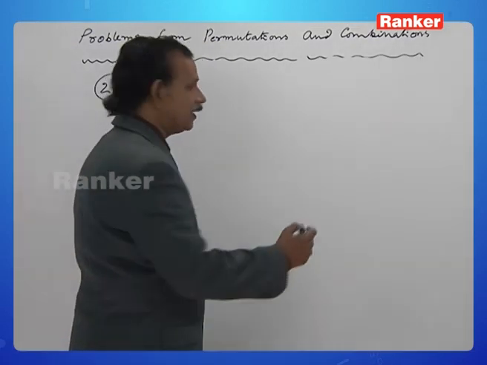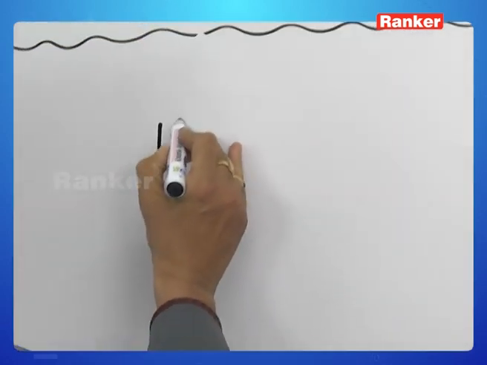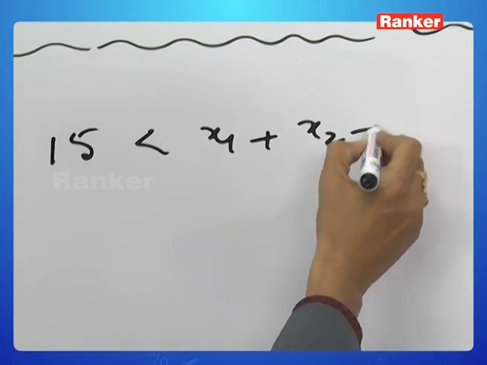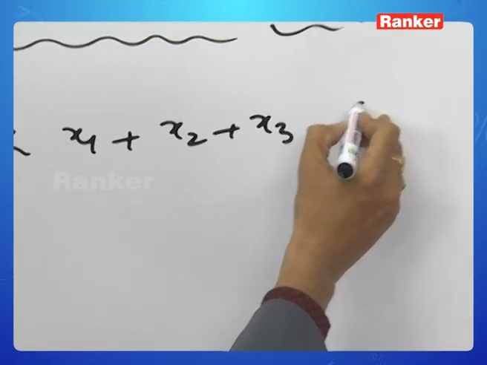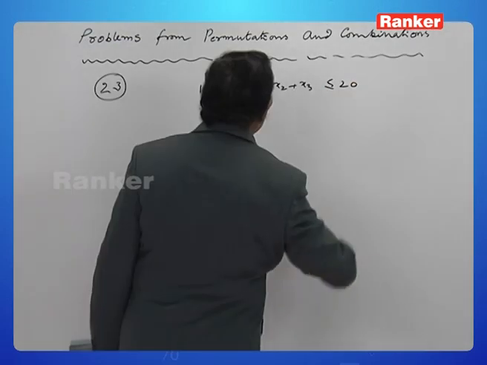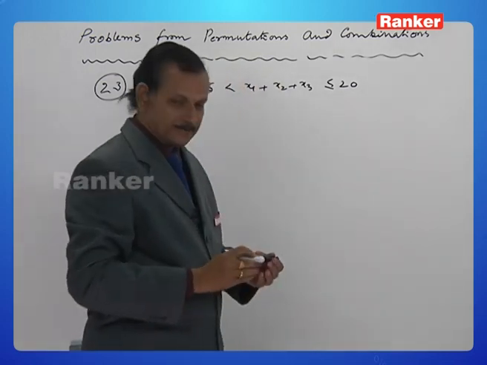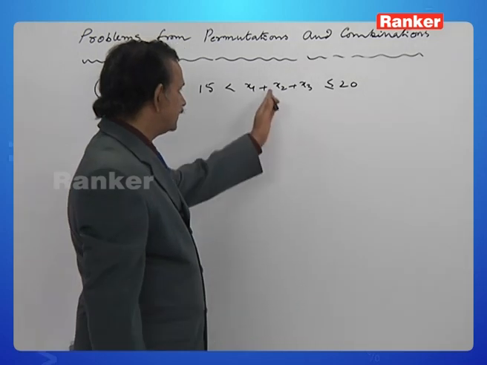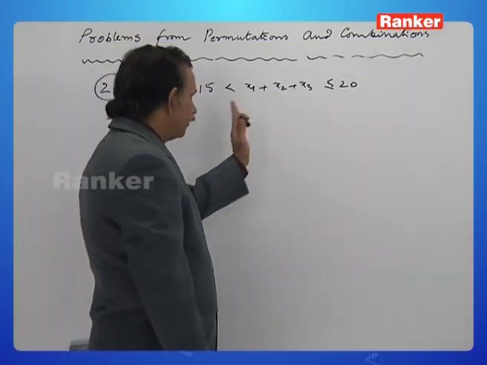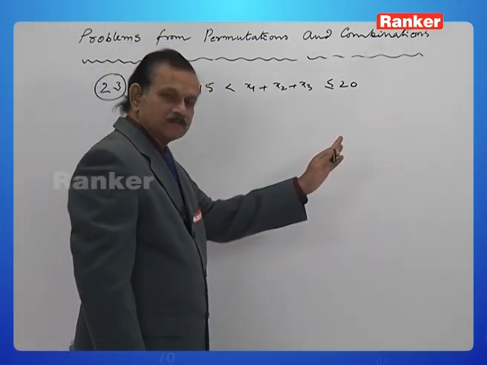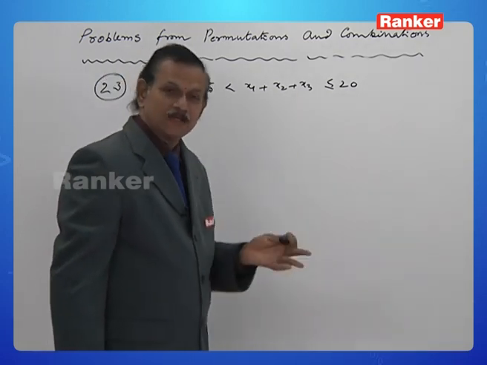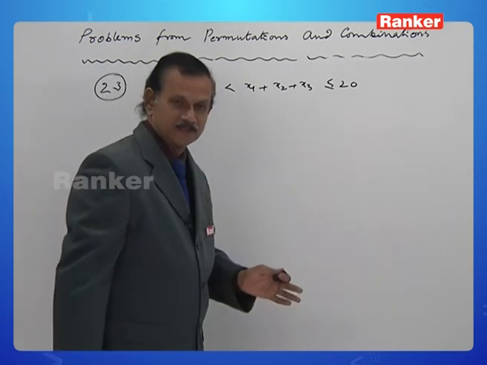What is the given inequality? 15 < x1 + x2 + x3 ≤ 20. He has given like that. Therefore, the expression x1 + x2 + x3 is surely ahead of 15 and cannot exceed 20. That is less than or equal to 20 and greater than 15.